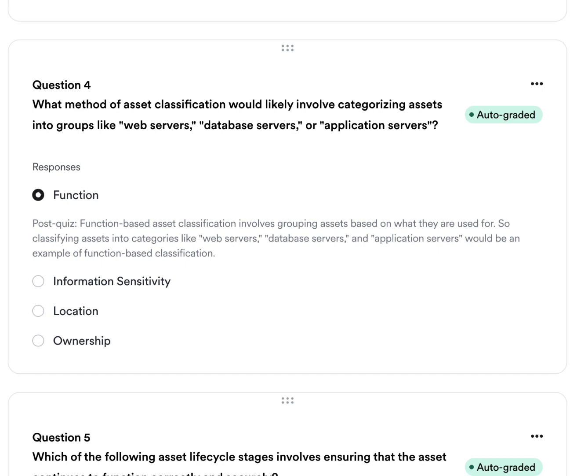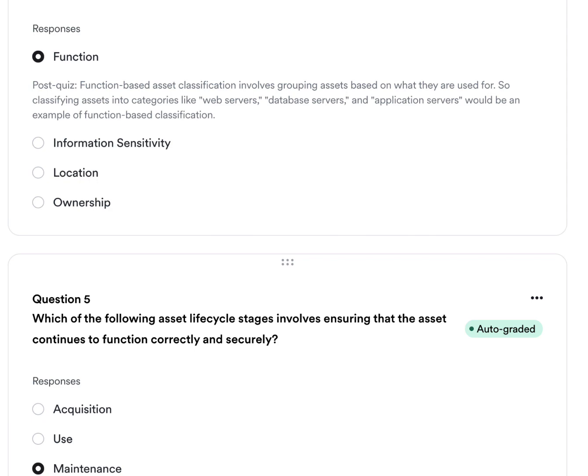B, information sensitivity. C, location. Or D, ownership. If you look at those, you can throw out a couple of them. But the main one is A, function. Function-based asset classification focuses on grouping the assets based on what they're used for, right? So such as web servers and database servers, those would fall within the function-based classification.